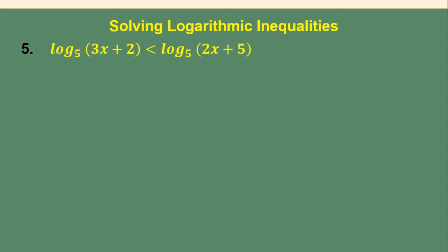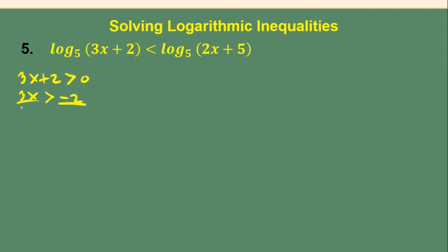Number 5, log of 3x plus 2 with the base 5 is less than log of 2x plus 5 with the base 5. Okay, so our base is greater than 1, so retain. So let us define our x. So 3x plus 2 must be, always take note, greater than 0. Simplify. 3x is greater than negative 2.